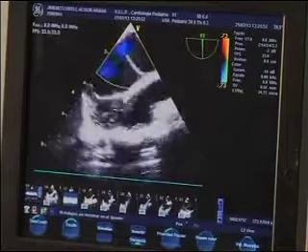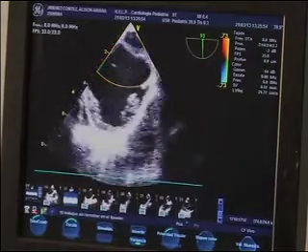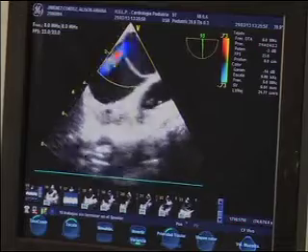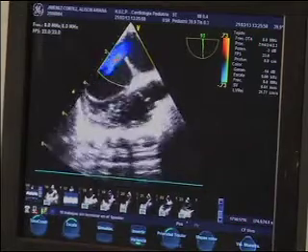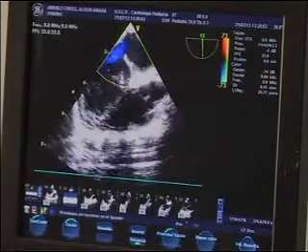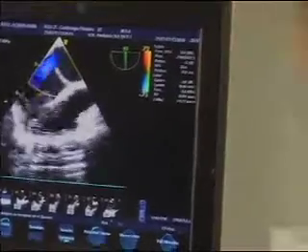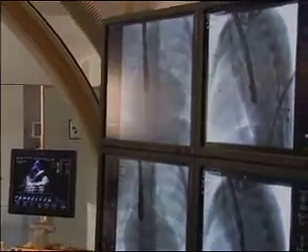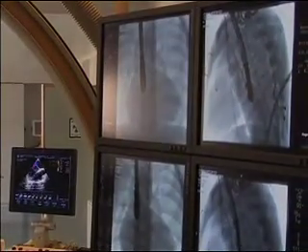Okay. Can you see the fluoroscopy? Yeah, we can see the echo well, and we can see the sheath dilator system coming up and down occasionally. I'll show you some fluoroscopy images then, okay? We'll go there.